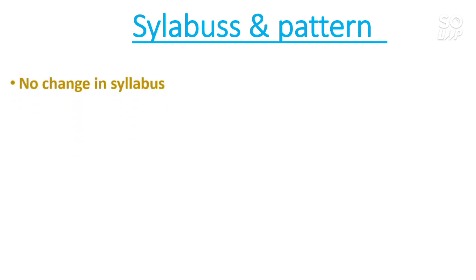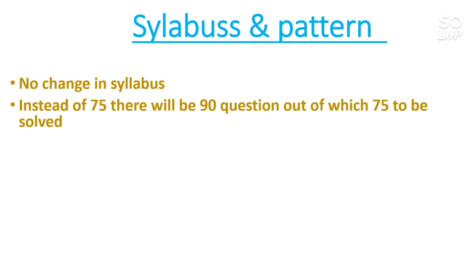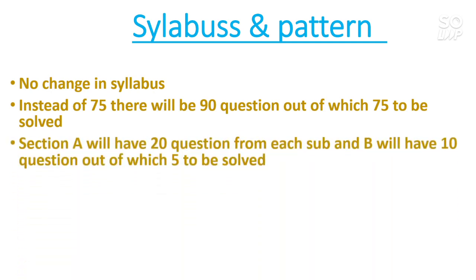Next is syllabus and pattern. There will be no change in the syllabus; this year's syllabus will be the same as the earlier one. But one thing is good for this year: instead of 75, there will be 90 questions, out of which you need to solve 75. Section A will have 20 questions from each subject, and Section B will have 10 questions, out of which 5 are to be solved.